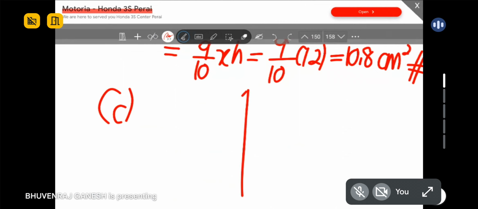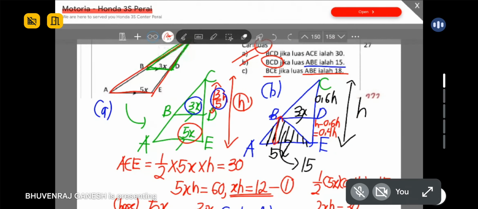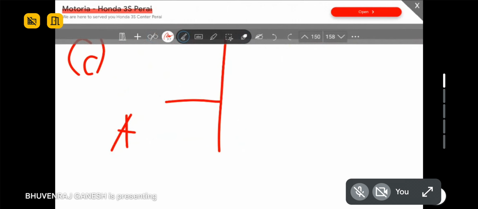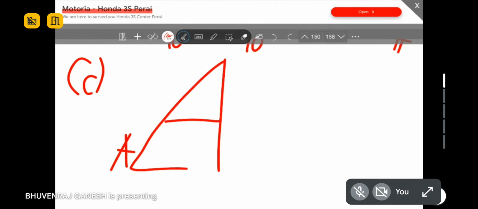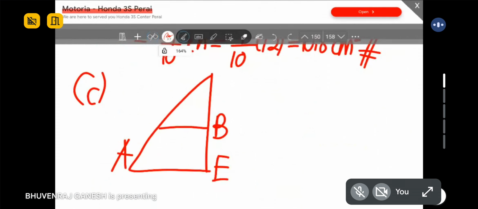So again, I draw for you one more time. This is A, this is B. Wait, let me see. A, E, B, D, C. This one is E. And then this one is B. Let me check. B, D, C, like that. All right.